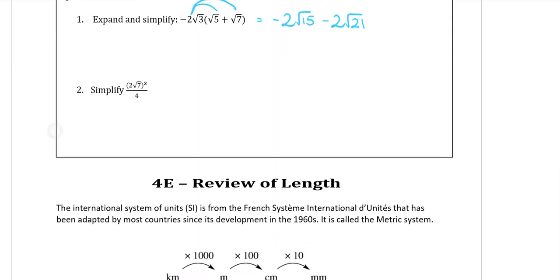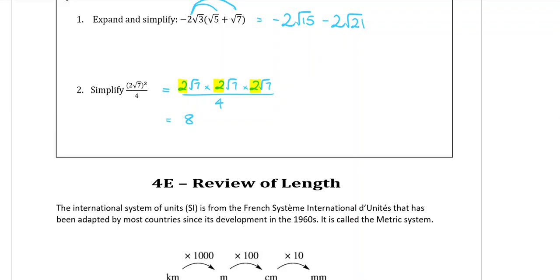Question 2, simplifying 2 root 7 all to the power of 3 over 4. Now, that power of 3 means that we have 2 root 7 multiplied together 3 times. So if we did 2 times 2 times 2, we would get 8.